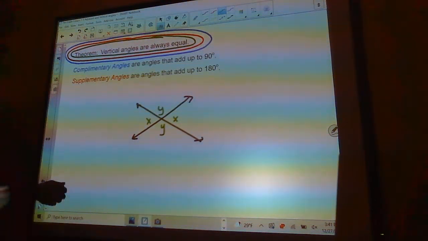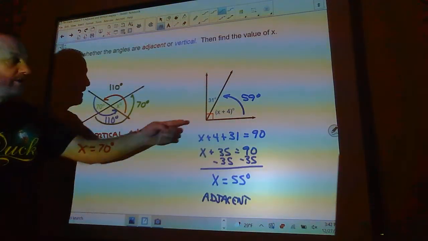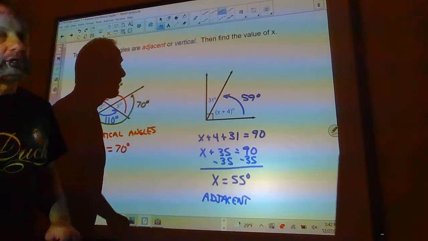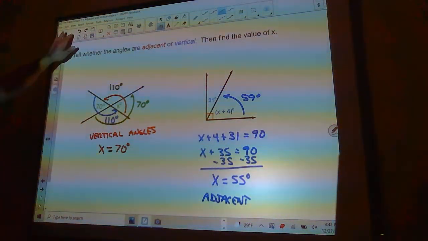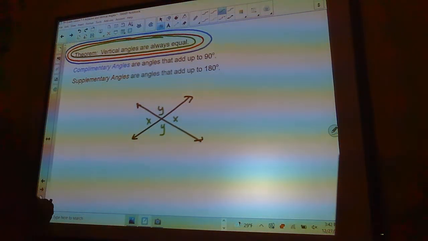Another term here, complementary angles. Complementary angles are any two angles that add up to 90 degrees. You need to know that as well. In fact, if we look here, these two angles added up to 90 degrees. This angle and this angle are complementary to each other. And then supplementary angles are any two angles that add up to 180.